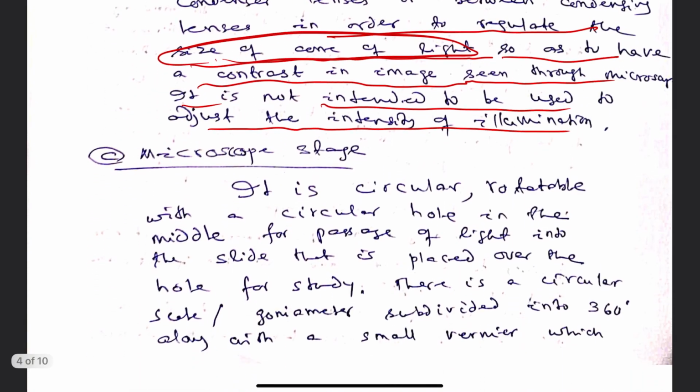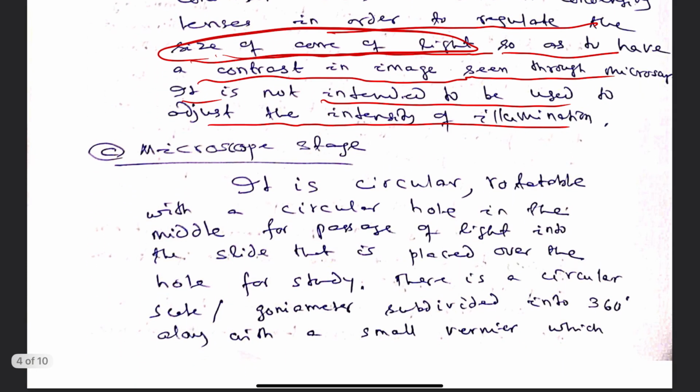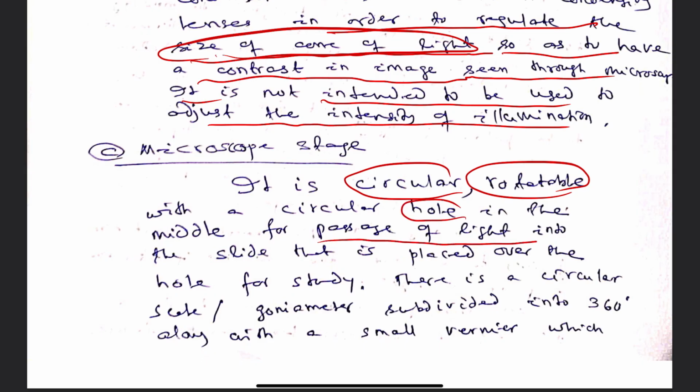Above this sub-stage assembly, we have the microscopic stage, which is circular, rotatable, and it has a hole in its middle for keeping the slide. Over this, the slide is placed for the identification of the rock and mineral.